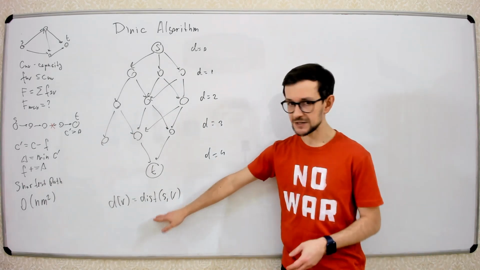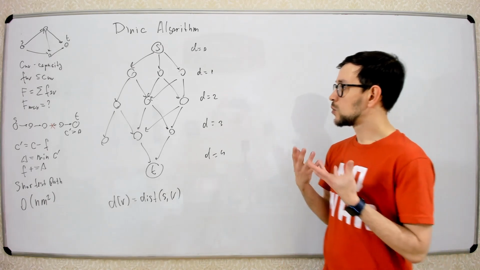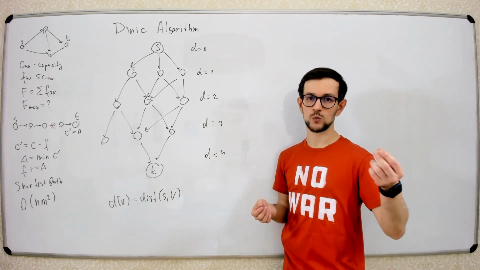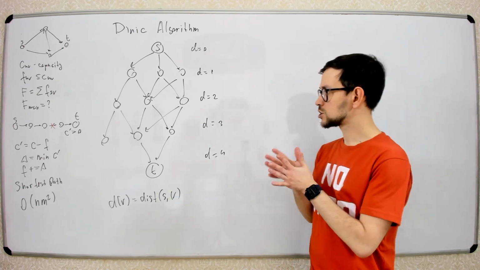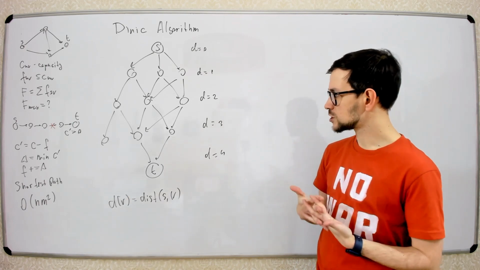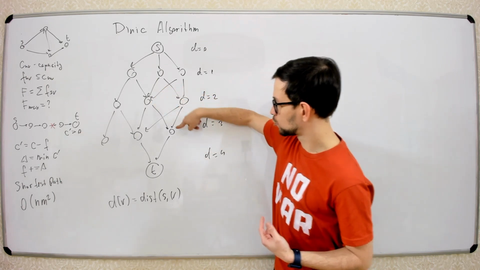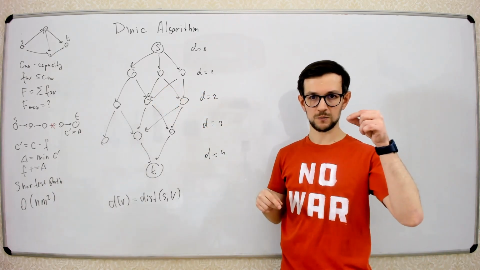So we calculate these distances using a single BFS run. Then we remove all the edges except the edges which can be used in a shortest path. Which edges can be used in shortest paths? Only edges which go from a node to a node with distance plus 1.